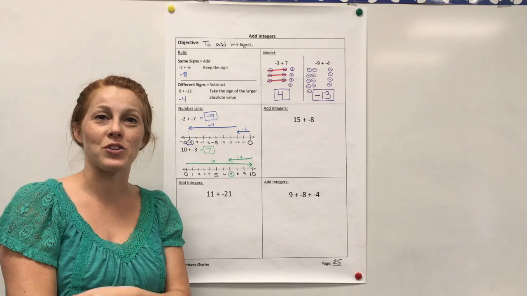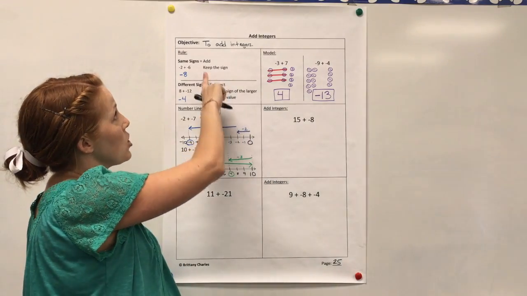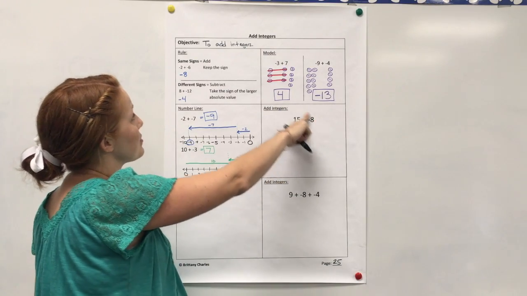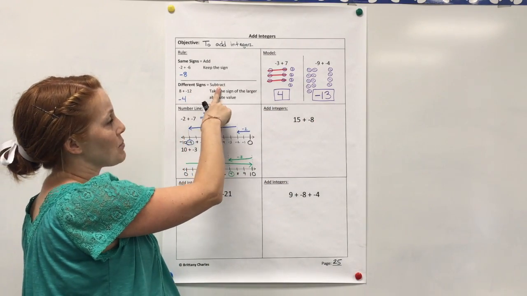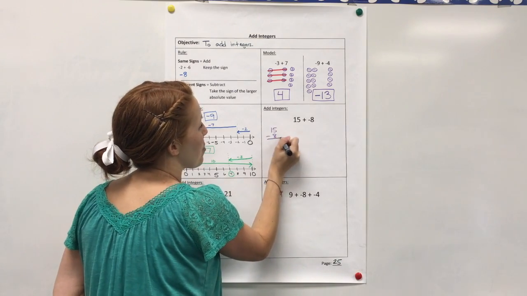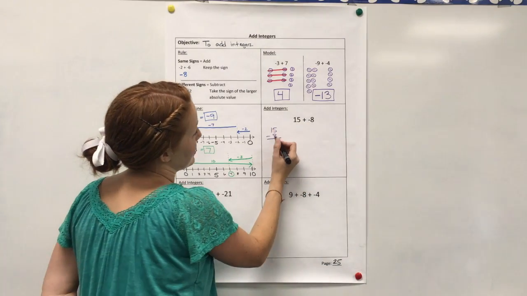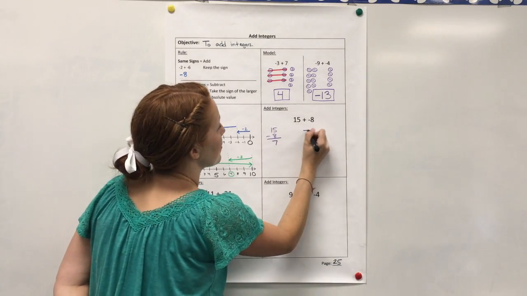Okay, now that you have solved it, let's go over and see what you got. I'm going to look at the rules first. Well, these are different signs, so I'm going to look at this rule. I subtract. So I would do 15 minus 8. Remember, you're subtracting the absolute values. Okay, so 15 minus 8 is 7.